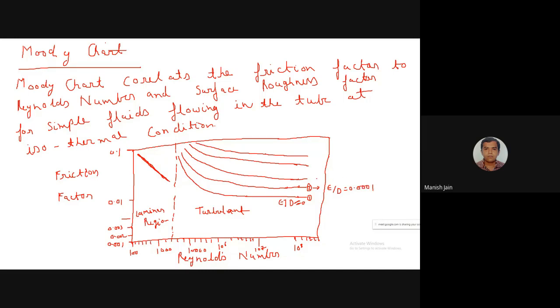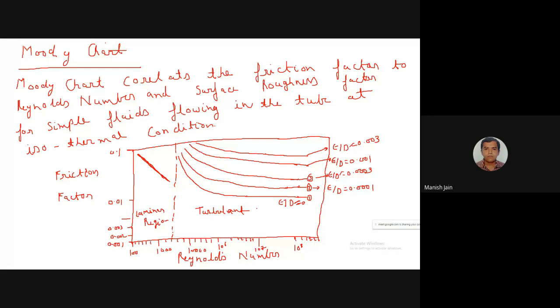The third plot is for xi by D equal to 0.0003. The fourth plot is for xi by D equal to 0.001. And the fifth plot is for xi by D equal to 0.003.